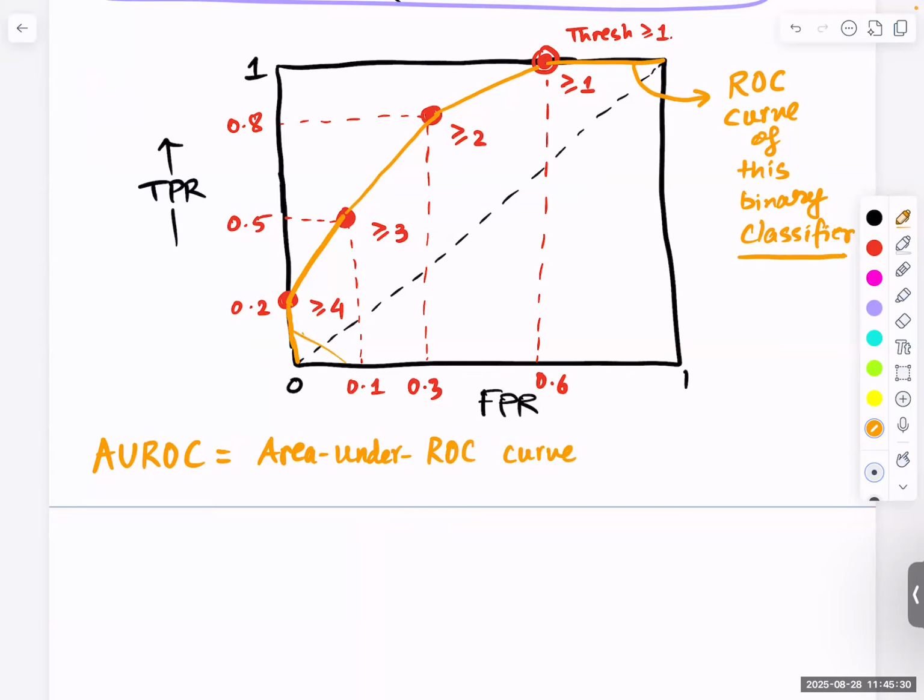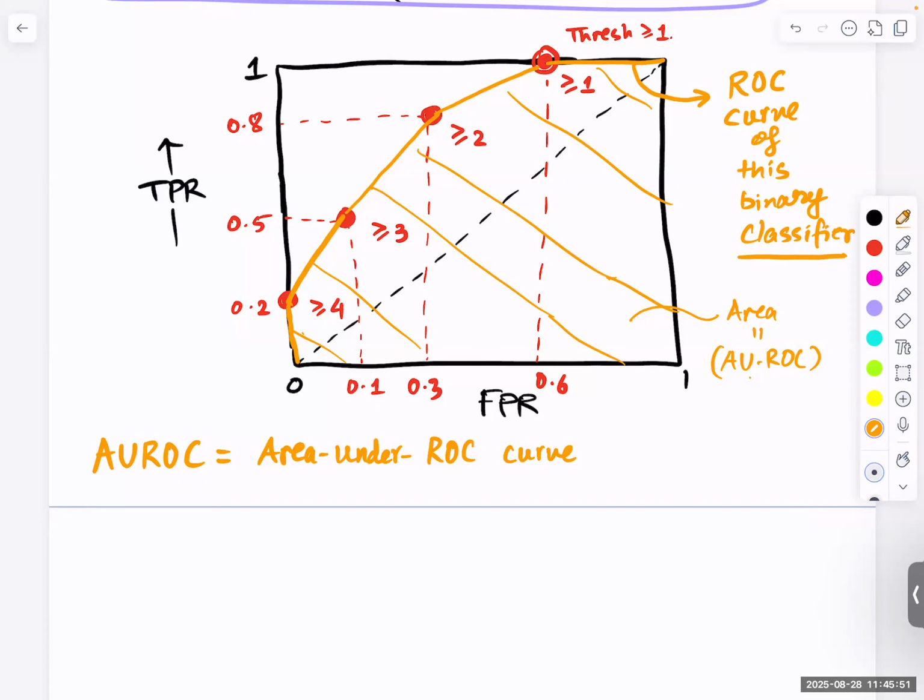So basically, this entire area is AUROC. So if you are interested in comparing two classifiers, which one should you pick? Typically, we pick the one which has a higher area under the curve.